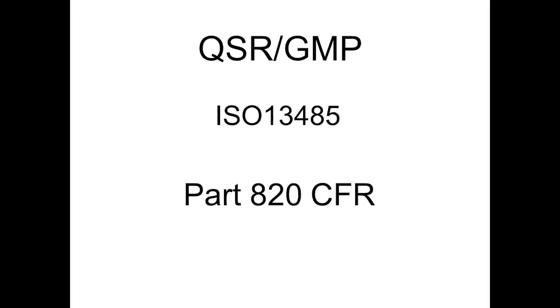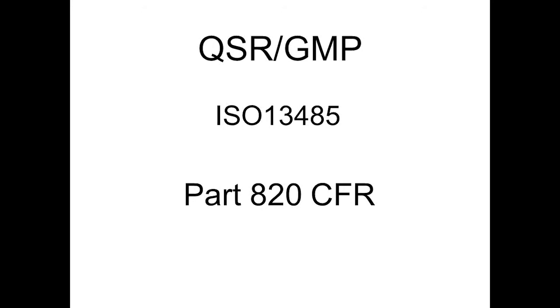And there are 2 ways you can do this. You can either pass or show that you're compliant with ISO 13485, which is basically like ISO 9000 or 9001, if you're familiar with that, but for medical devices. Or the federal government has guidelines in the Code of Federal Regulations, and it's a book or a part called Part 820.